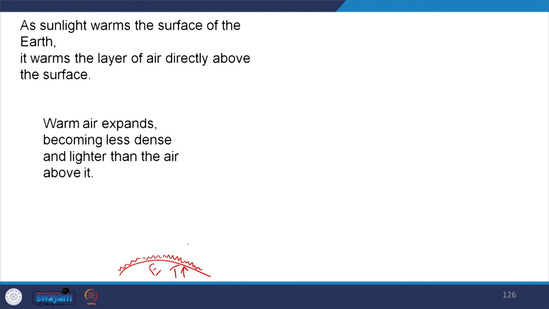Warm air has a tendency, if you take warm air in a parcel, to expand, and as a result of expansion, the density will go down. If the temperature is going up, the density will go down, and anything which is less dense will try to move up due to buoyancy. So therefore, it rises.